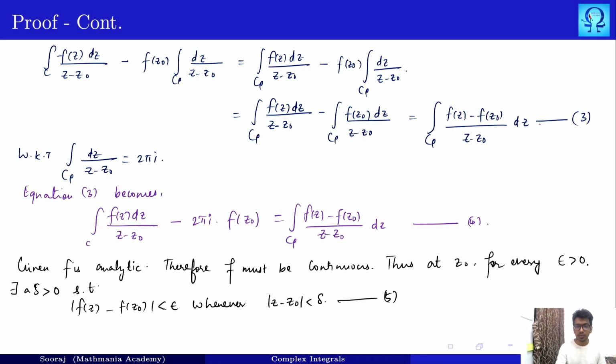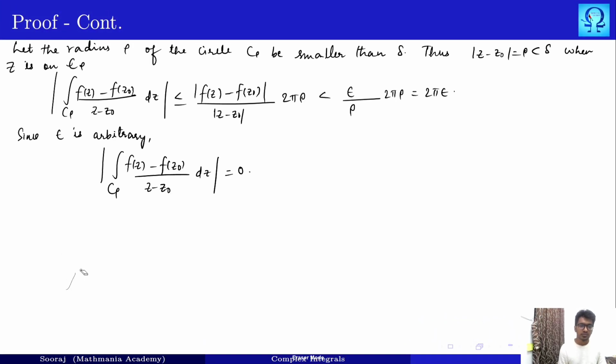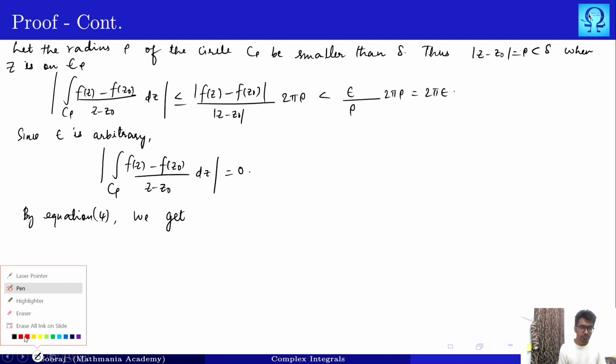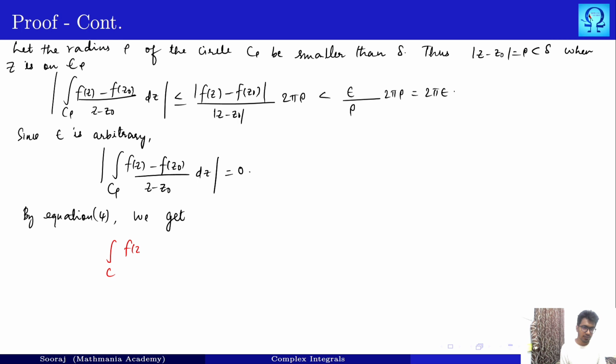So now, with the view of equation 4, by equation 4, we get the absolute of integral over c of f of z dz upon z minus z naught minus 2 pi i f of z naught is equal to 0.